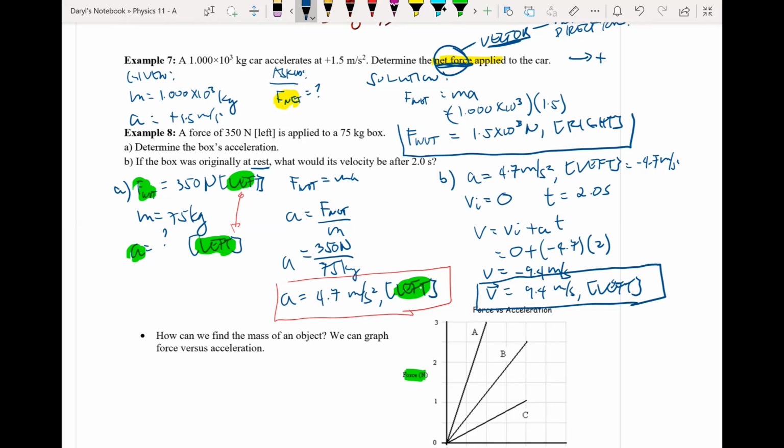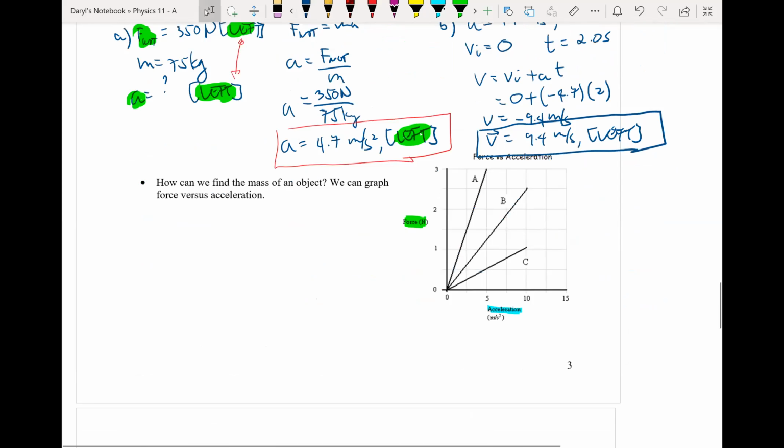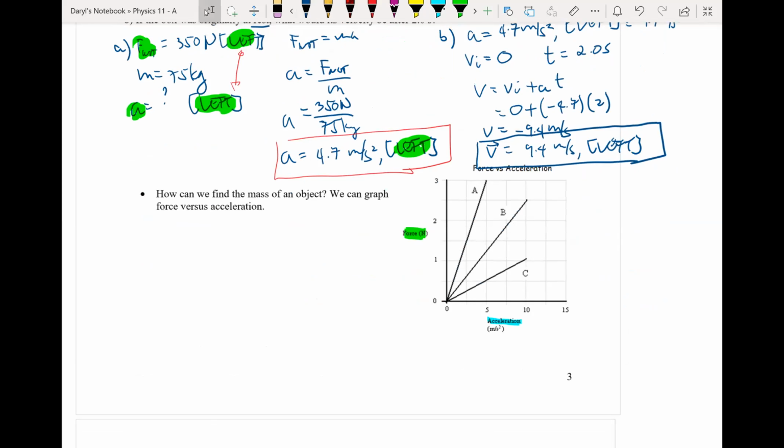Again, if the net force is constant, that particular force being exerted on an object is the same all throughout, so we would say that the acceleration is also the same. Okay, let's take this example here, and then after which we'll have a short break.